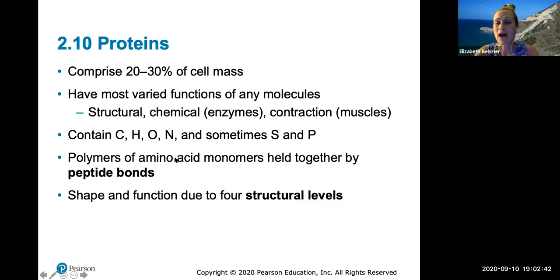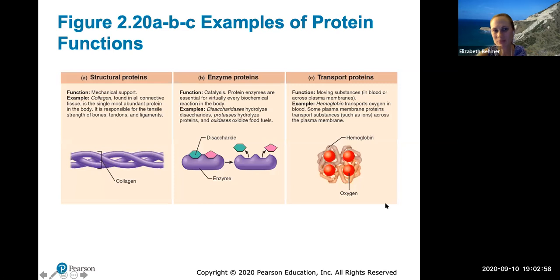Polymers of amino acid monomers are held together by peptide bonds to make proteins. The shape and function is due to 4 structural levels of proteins. We'll talk about those structural levels in a second.